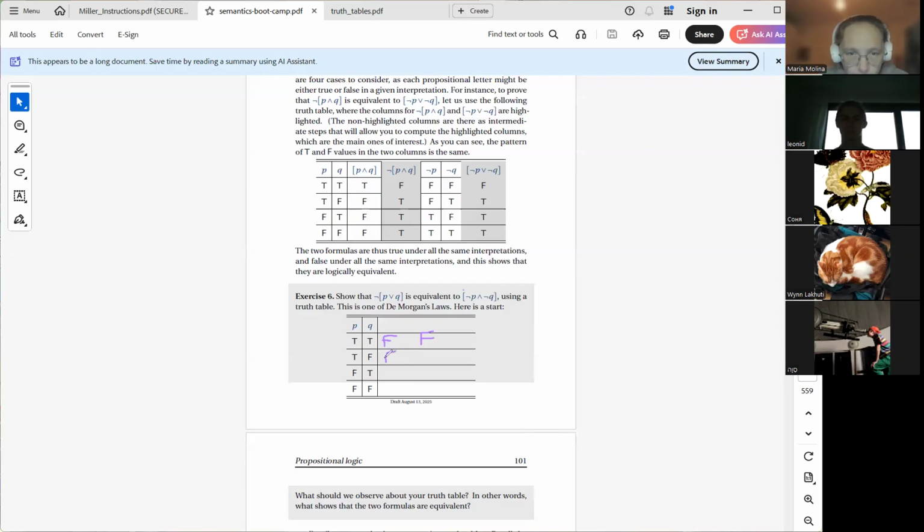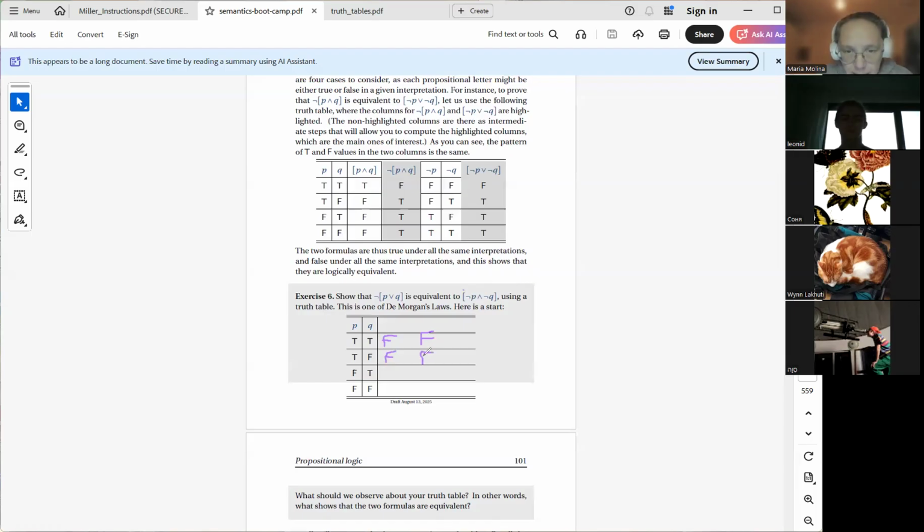And what do we get if brackets negation of P and negation of Q? False.